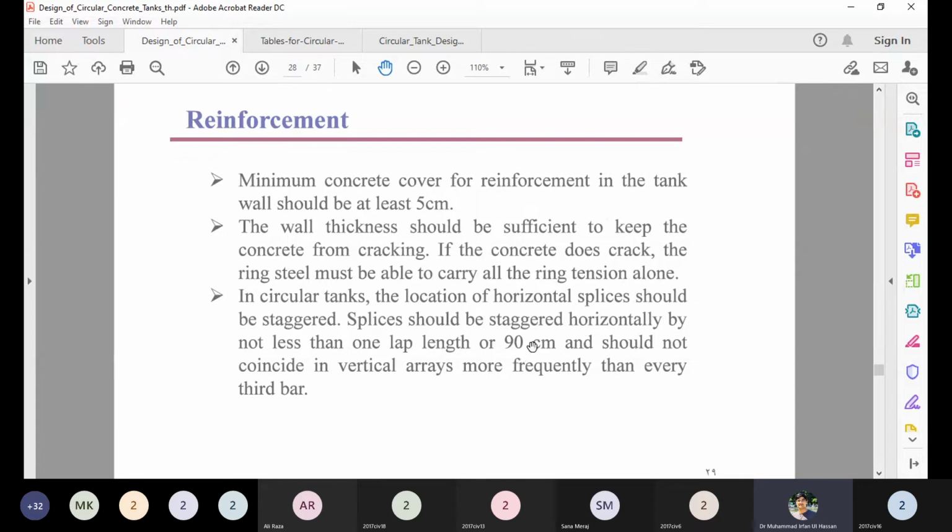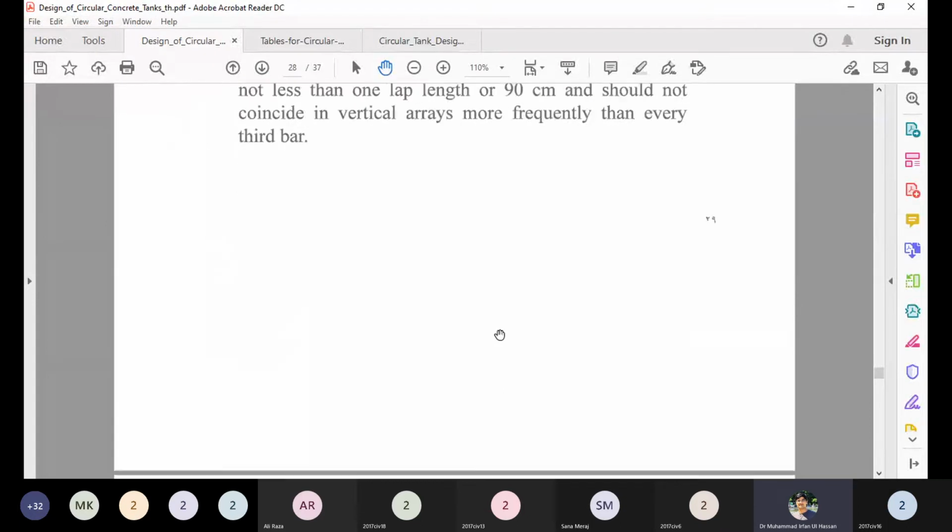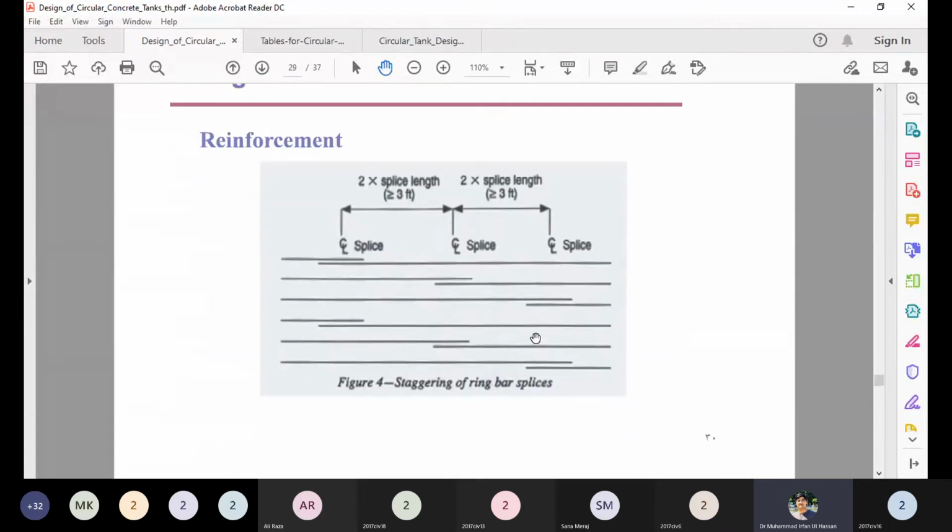That is about 90 centimeter. It is a staggered lap length: one lap is provided here, the next is provided in the next line, next here, then again the next is provided here. So the laps provided are not in one line, but at staggered points.